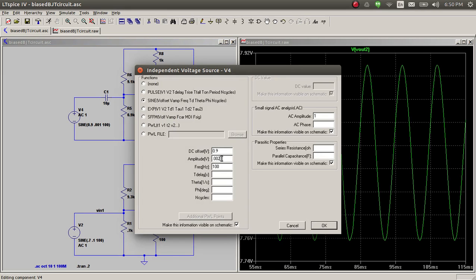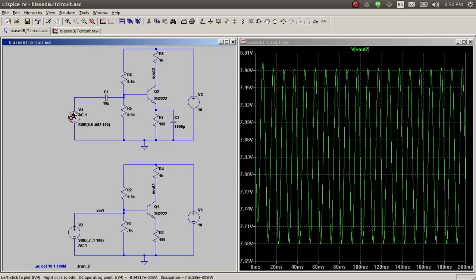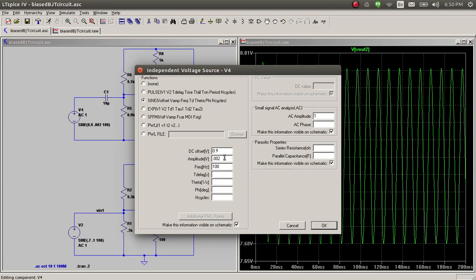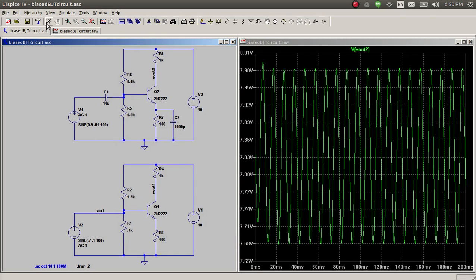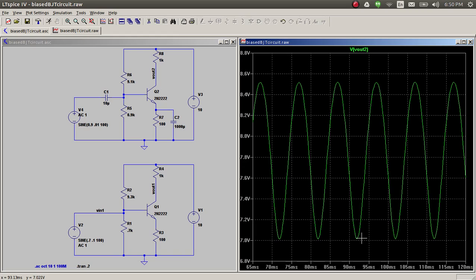Still not too distorted, so I can increase it a bit more. And still doesn't look too bad.